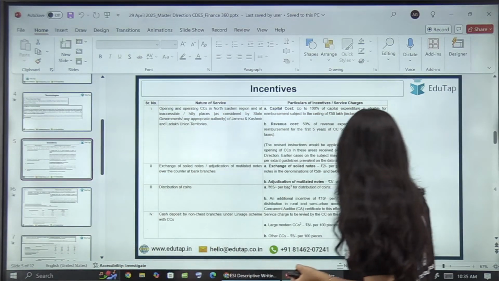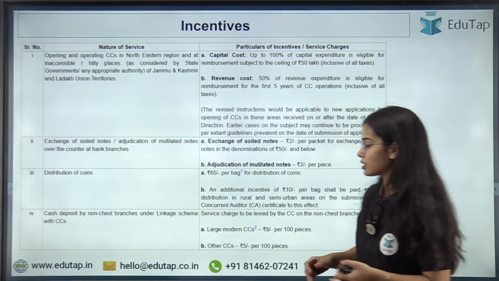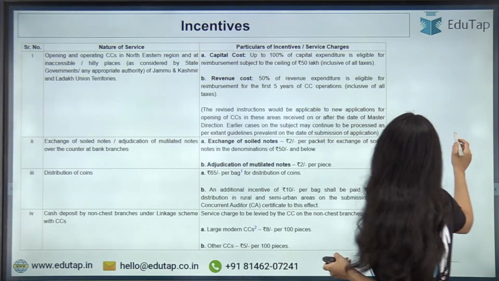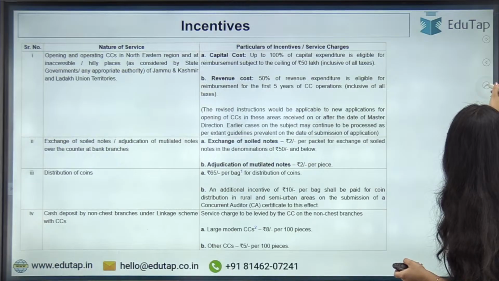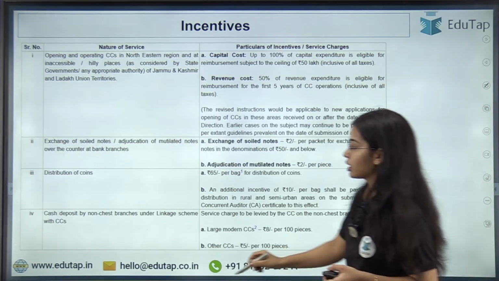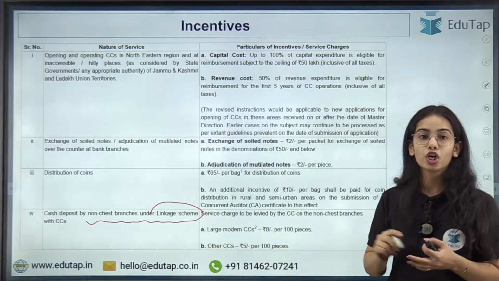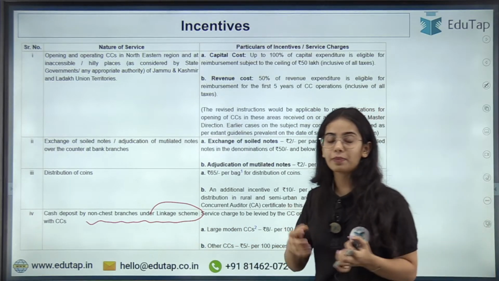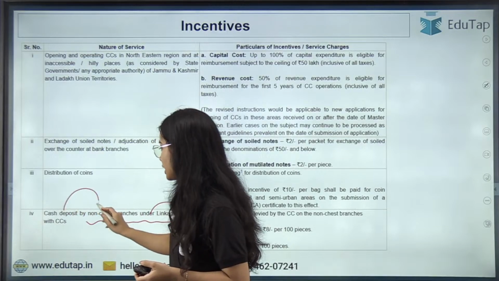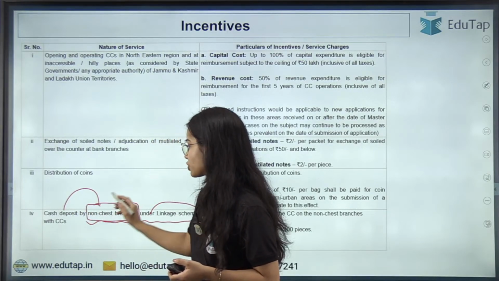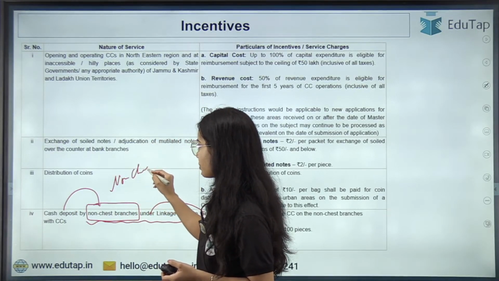Okay. So the last incentive that we have to discuss is the cash deposit by non-chest branches under linkage scheme with currency chest. Basically, there are the non-chest branches.